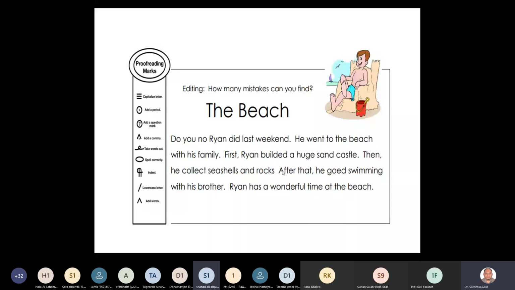Go ahead. I think it's a paragraph. Okay, so it's not an essay. Why not? Because I don't see any other paragraphs.